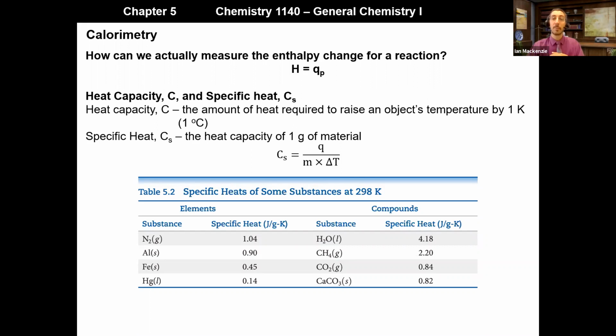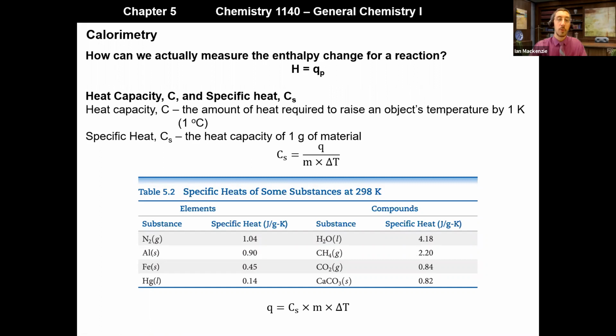Now, many of these specific heat values have been measured in various ways and reported in tables. So here's just an example of the specific heats for a whole number of compounds and molecules. So water has a specific heat of 4.18 joules per gram degree Kelvin, where a change of 1 Kelvin is also equal to a change of 1 degree Celsius.